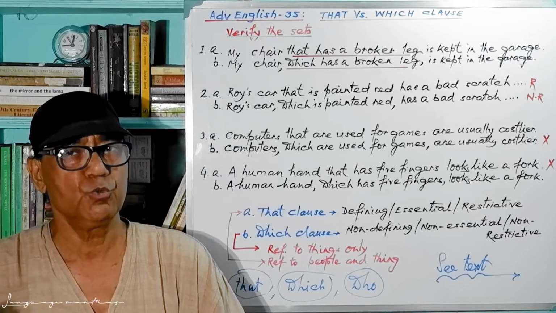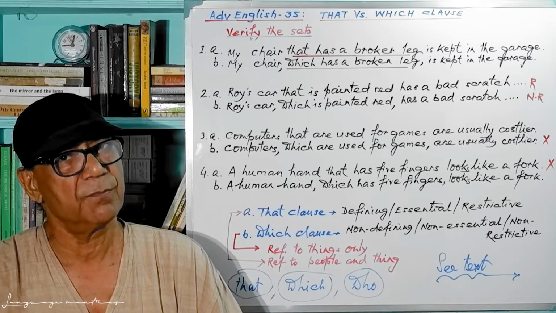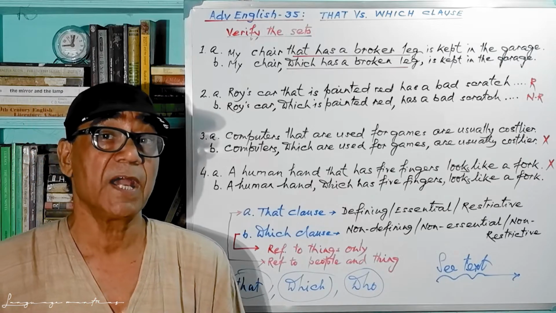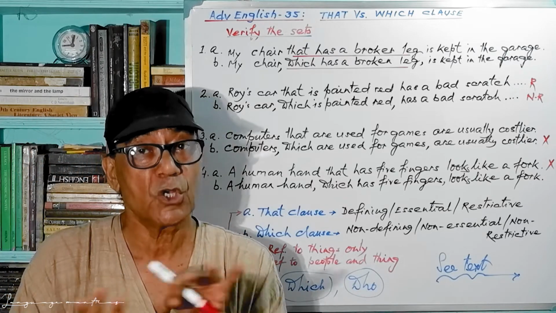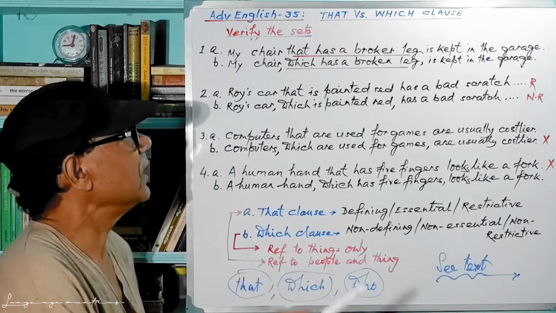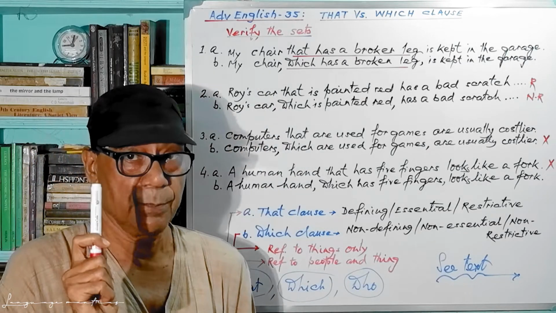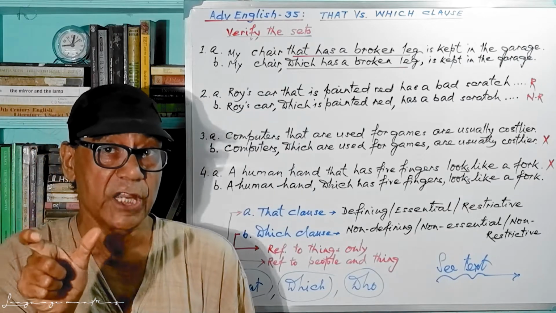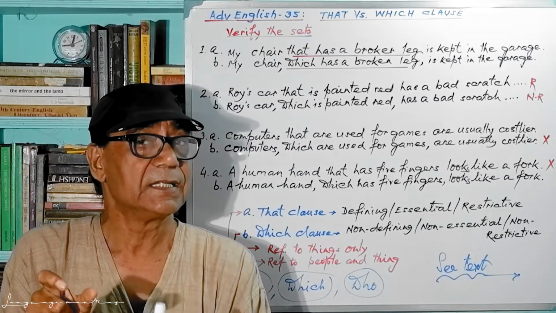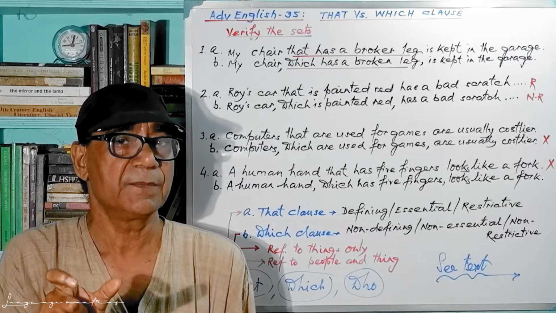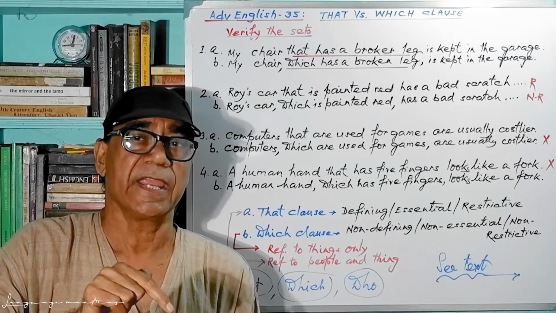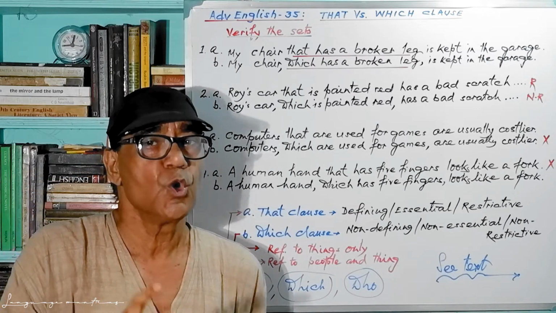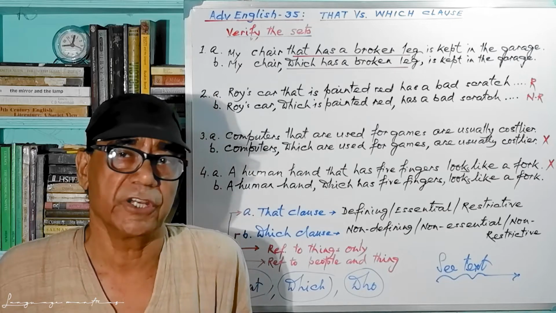Maybe I have 2 chairs, maybe 3, maybe 4, maybe 100 chairs. I am not talking about those chairs, but I'm very much selective about a particular chair. That is my chair that has a broken leg. This way, that has a broken leg is identifying, is singling out one particular chair.